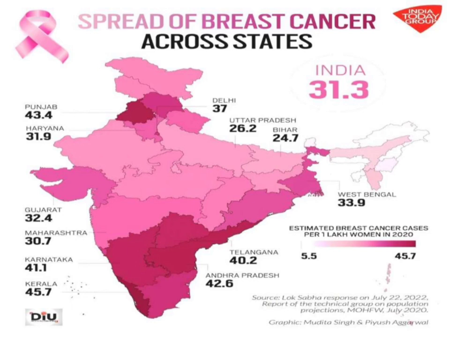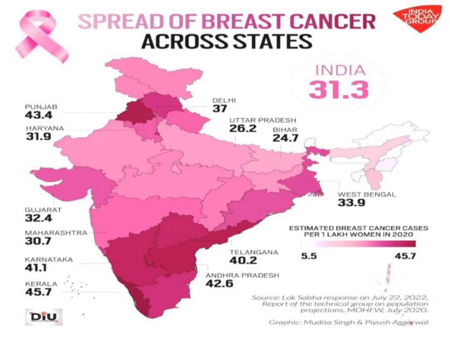Breast cancer. An epidemiological study conducted by the India Today group 2 3 years back has shown that a very high incidence was reported in Punjab, Haryana, Karnataka, and Kerala, and also Telangana, Andhra Pradesh, West Bengal.